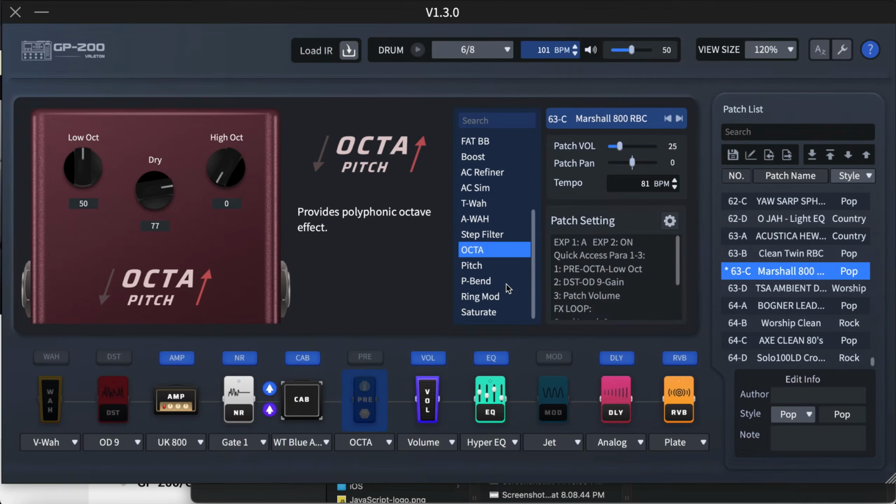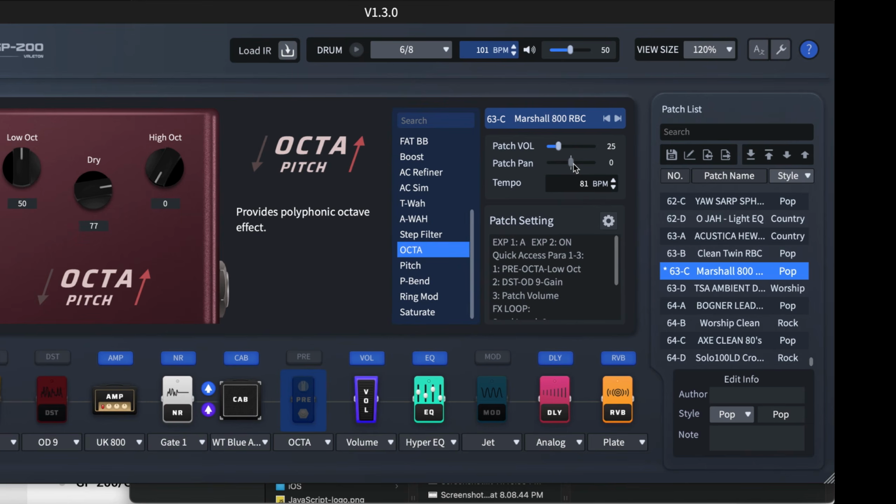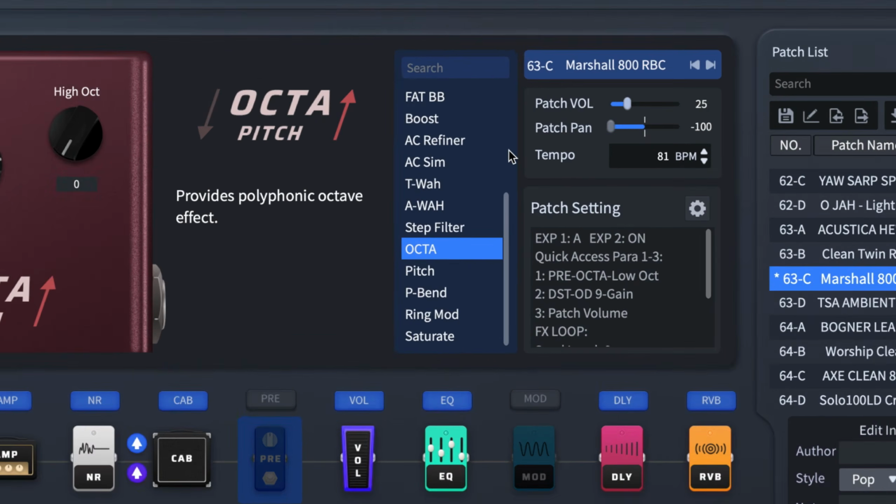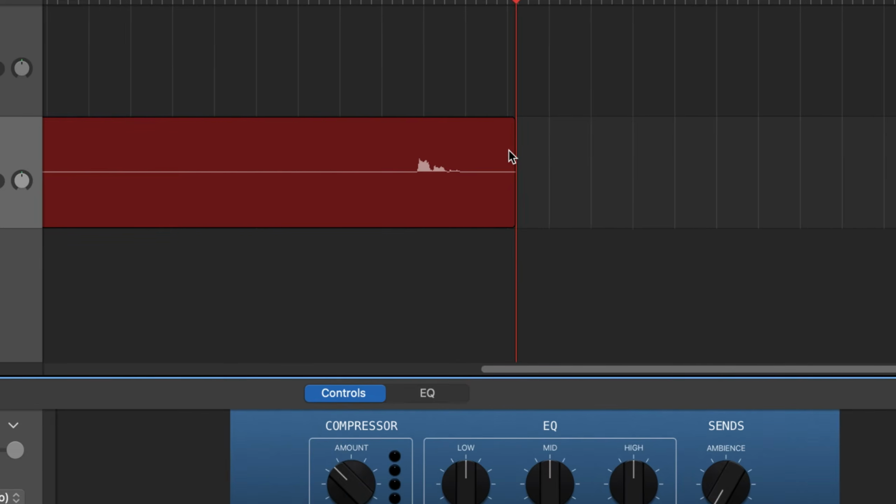Both left and right is properly represented because the panning of the patch is centered, so you can hear both left and right equally. So if I were to push it to the left side, it means you would hear from your left ear if you are listening in stereo.